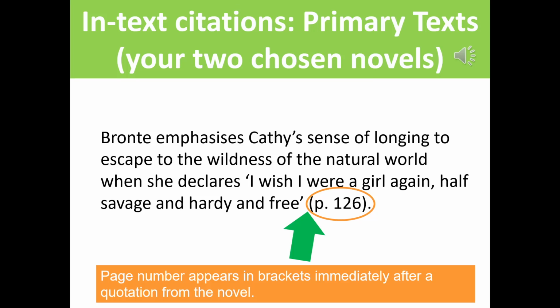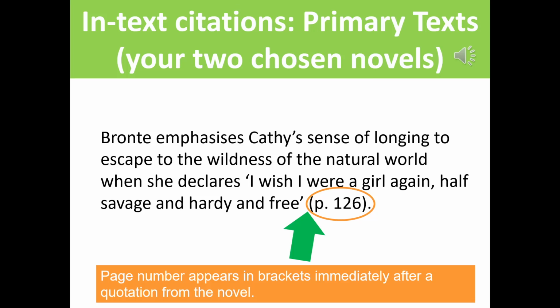So you've got an example on the slide. Bronte emphasises Cathy's sense of longing to escape to the wildness of the natural world when she declares, "I wish I were a girl again, half savage and hardy and free." So you can see that the page number appears in brackets immediately after the quote. Even if my sentence was going to continue on after this, I would still put the page number immediately after the quote. I wouldn't leave it till the end of the sentence.